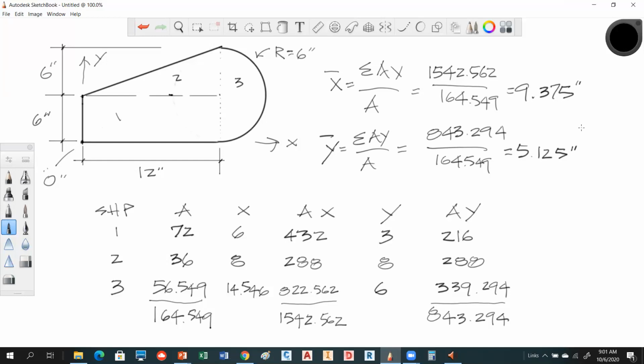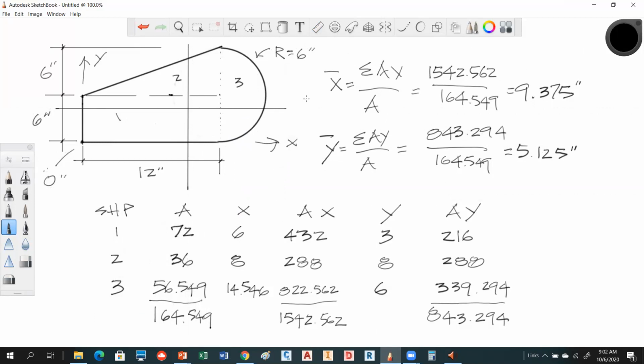So what does that tell us? Where we would balance this thing. So if I came over and drew those, what I notice is my y bar distance is somewhere about right there. My x bar distance would be possibly about right, or y bar, that's me, excuse me.